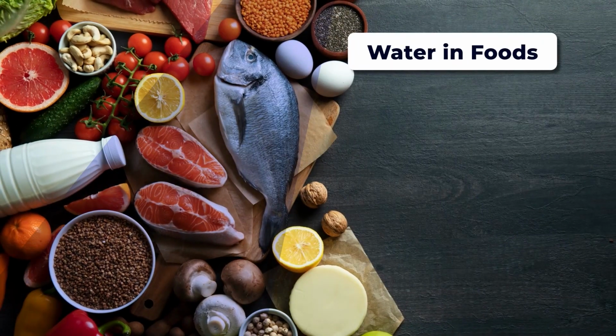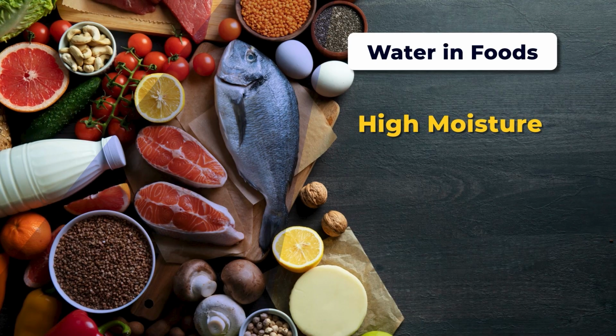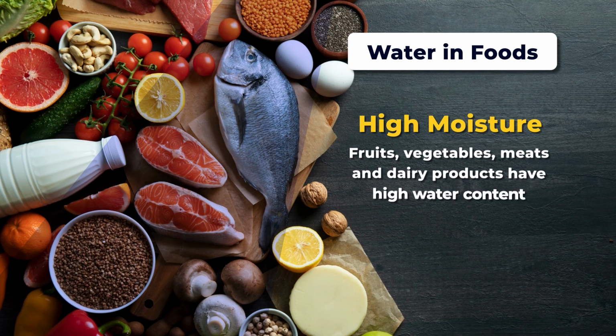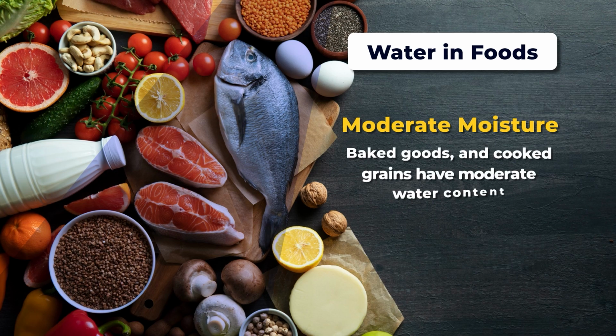Now we come to the water in food. That is, the food contains water. Certain products contain a high amount of water, like fruits, vegetables, and meat. They contain a very high range of water, 70 to 95%. Similarly, products which contain moderate moisture, that is 30 to 70%, are like baked goods and cooked grains.